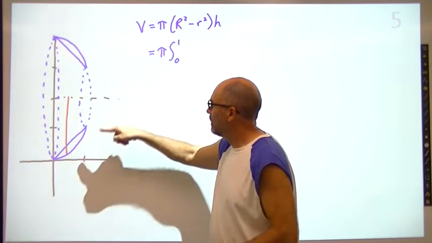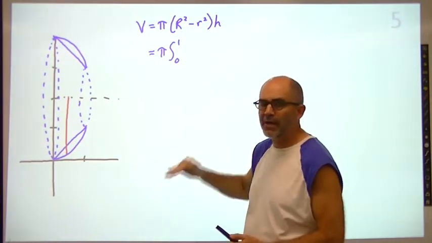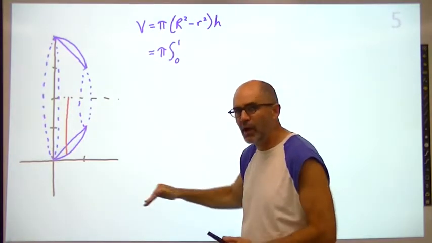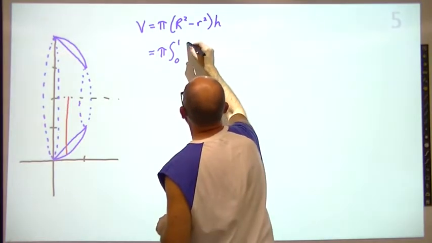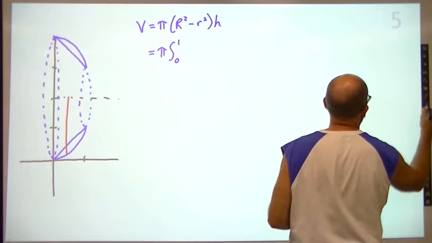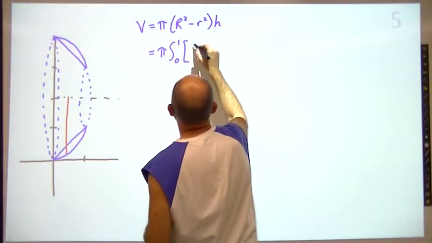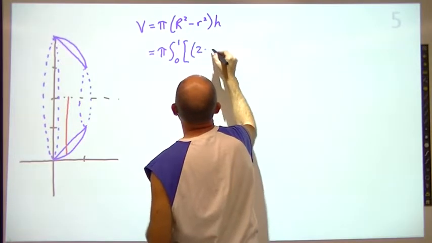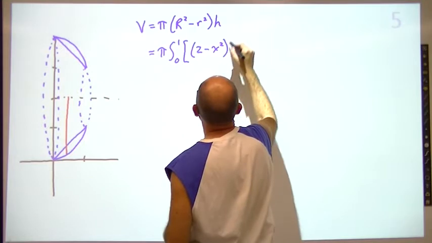It's a y value minus a y value, top y minus bottom y. So that's going to be 2 minus x squared, and that's my capital R, so I square it.